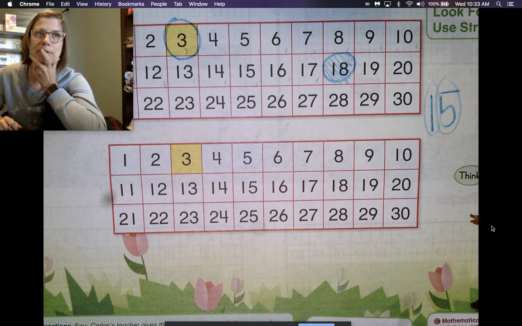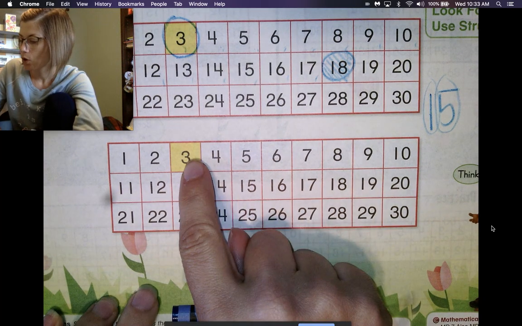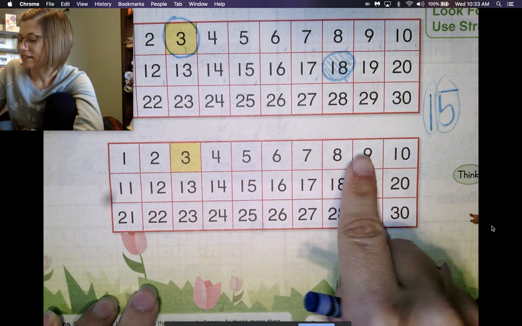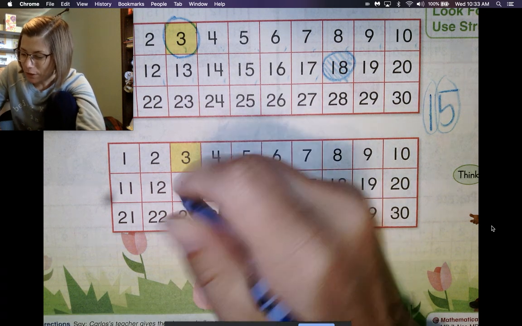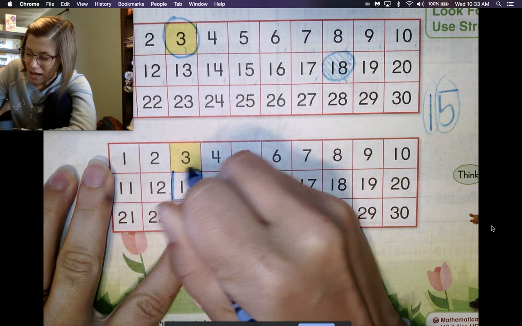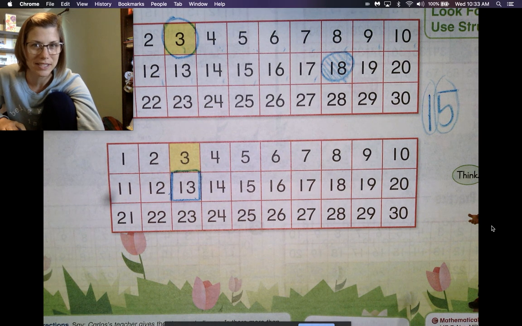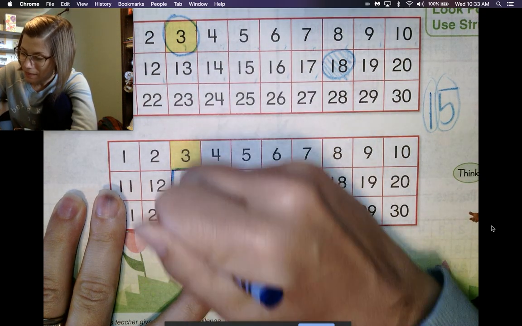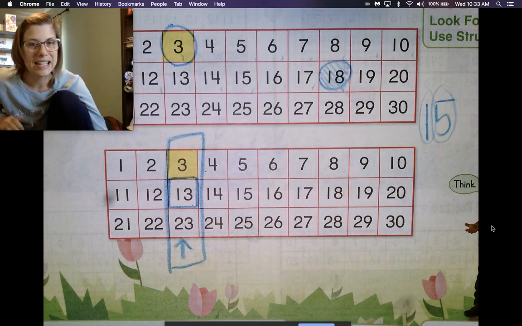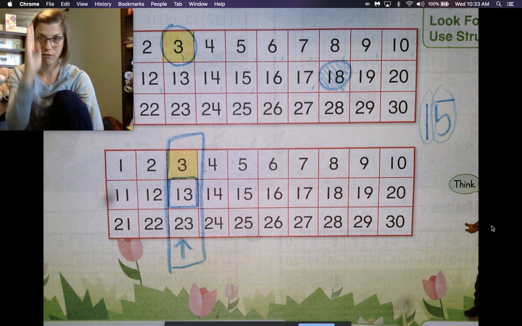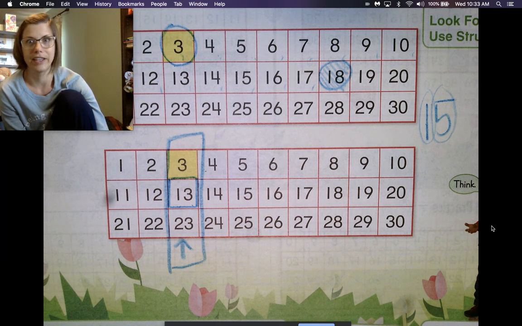And 10 steps, you could count 1, 2, 3, 4, 5, 6, 7, 8, 9, 10. But look where I landed when I got to 10 steps. In the same line. The 10 steppers go up and down, kind of like an elevator.